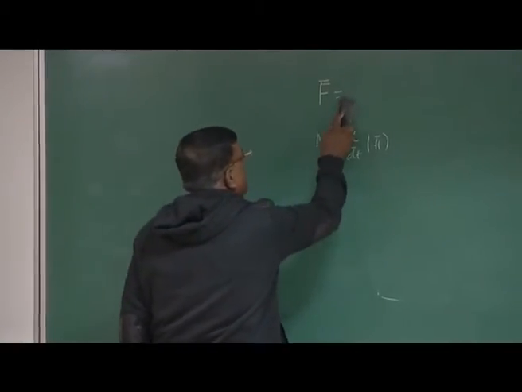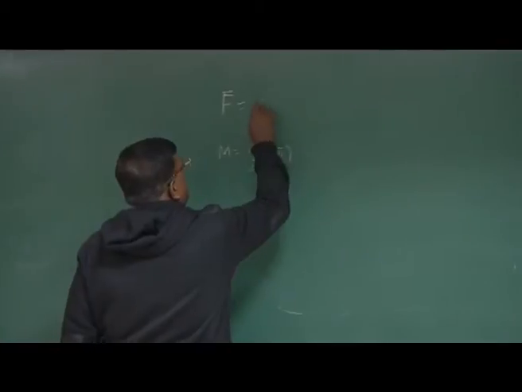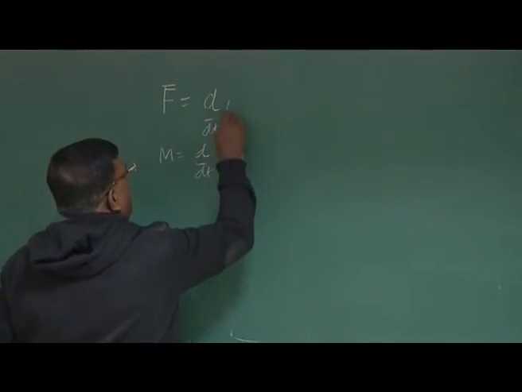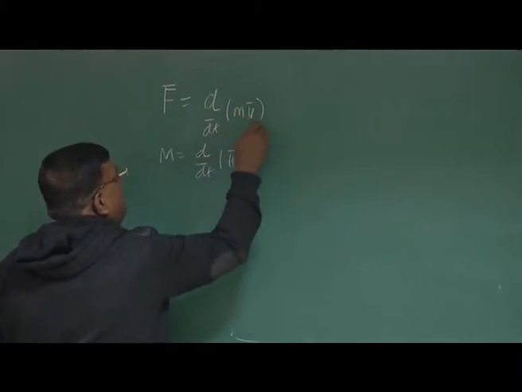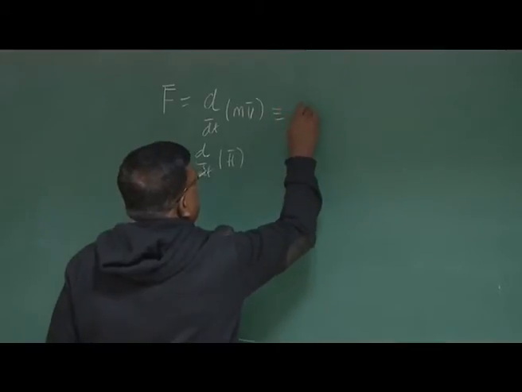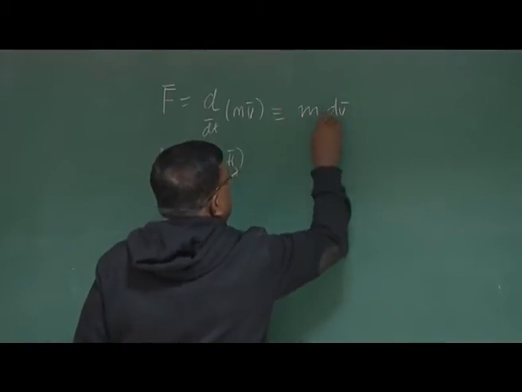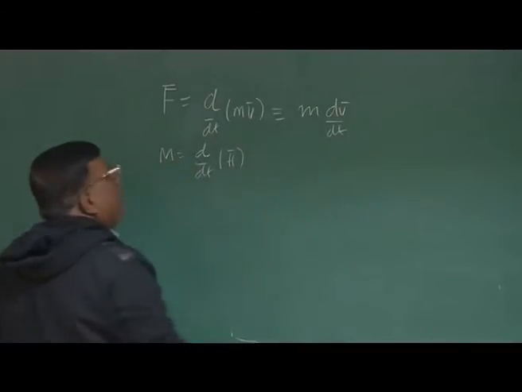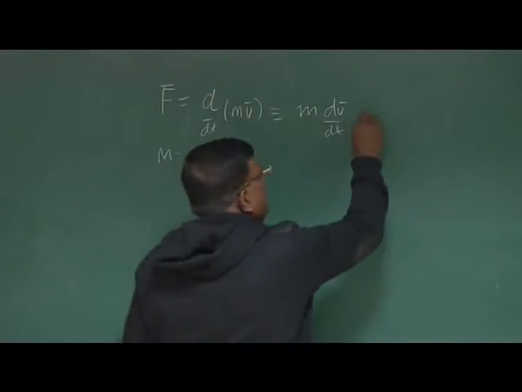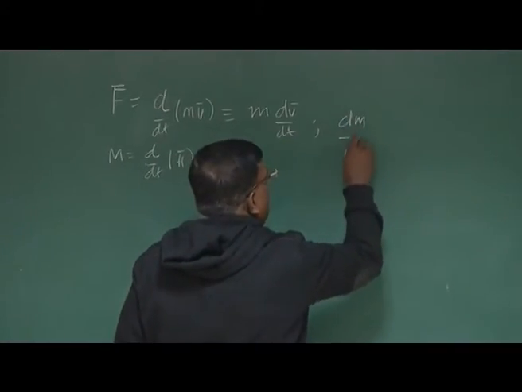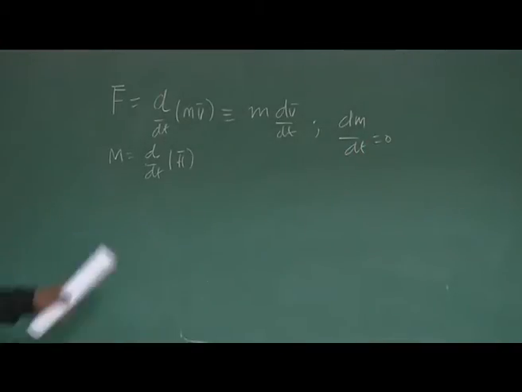To be more precise, this was d by dt of mv, rate of change of linear momentum, and that we wrote as m dv by dt, because dm by dt was assumed to be 0. So, we need to have a vector differentiation.